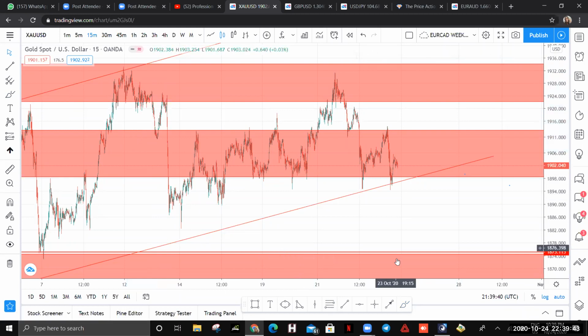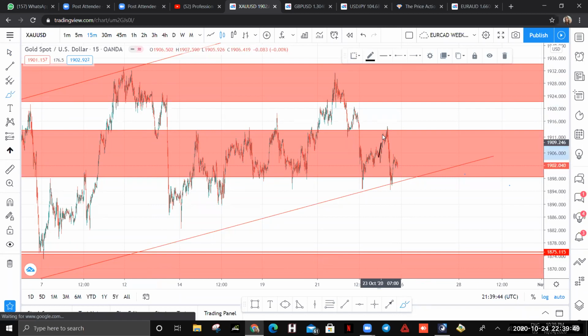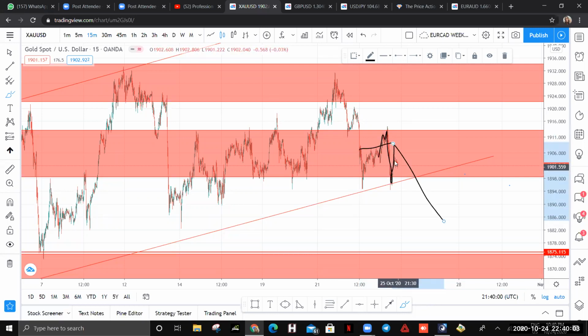But see what I spotted here, an M. Have you seen it? Price came here, did this. So there's a tendency it might come back up to this place and go like this, or price continues like this.